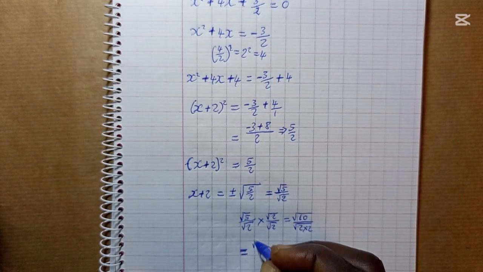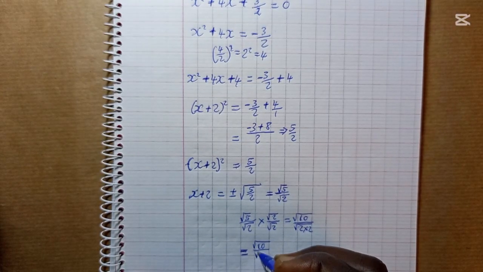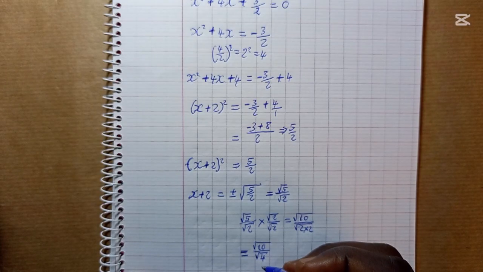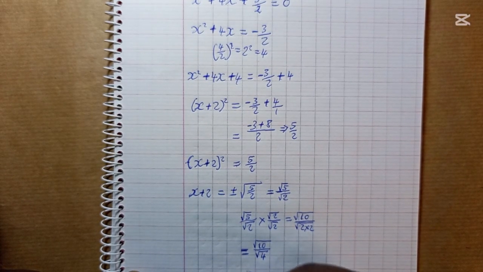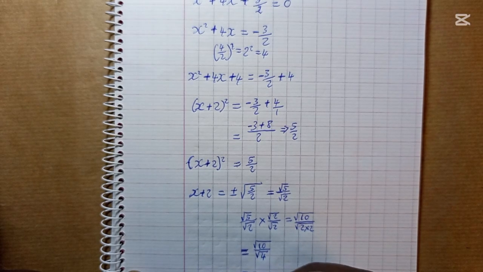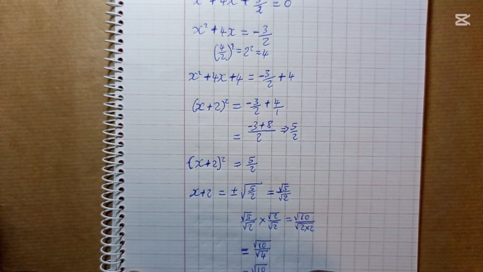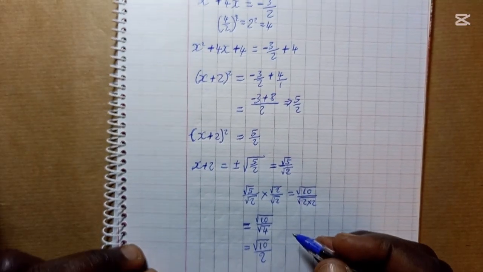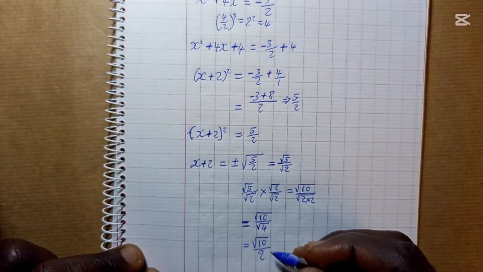Now, root 10 over root 4. The square root of 4 is 2. So we have that it is equal to square root of 10 over 2.